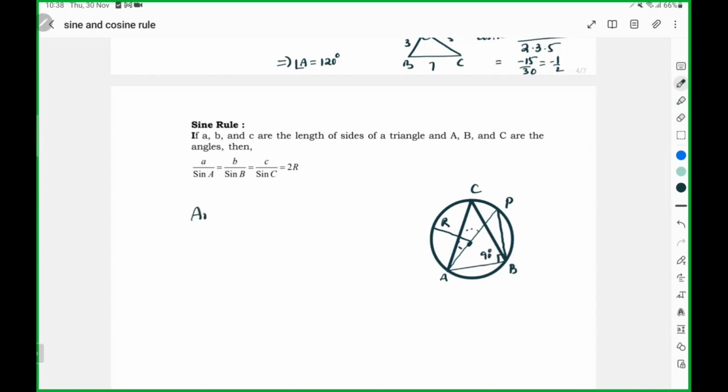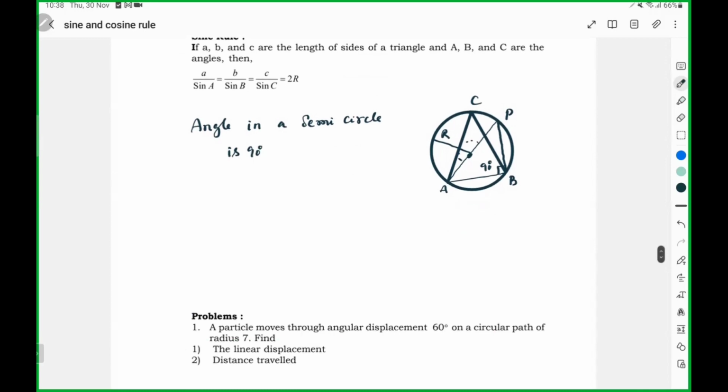That is, angle in a semicircle is 90 degrees. And another theorem statement: angles in the same segment are equal, so P equals C, since angles in the same segment are equal.